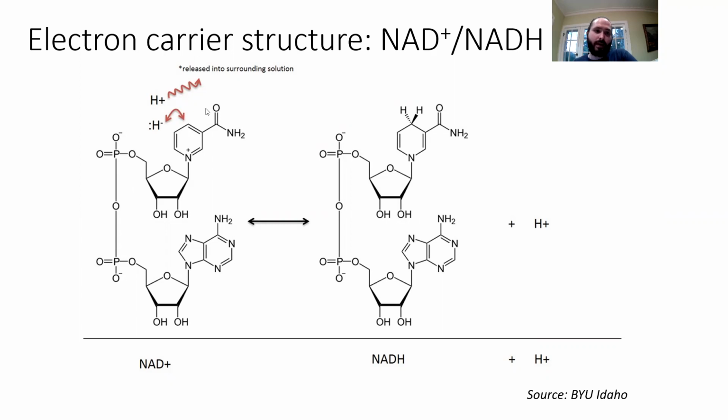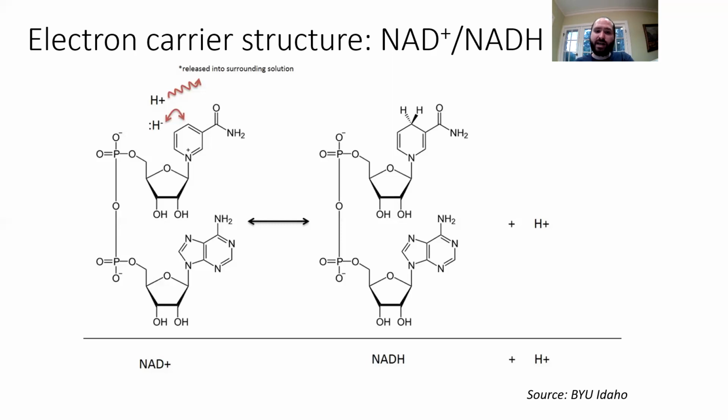It will gain an H-, and typically, as we saw, when NAD+ gets reduced to NADH, the substrate is losing 2 protons, an H+ and an H-. The H- joins NAD+, makes it into NADH, and then the H+ just goes off into the solution. So they show the H+ over here because the H+ doesn't combine with our NAD.